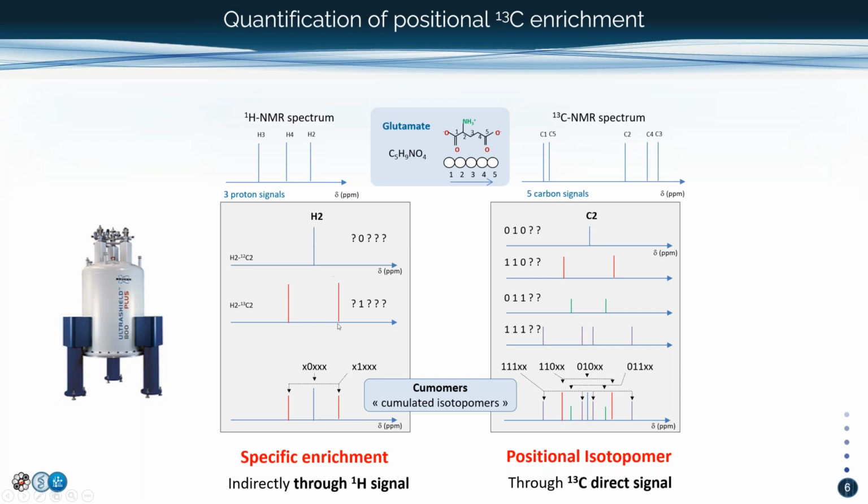And of course, if we have a mixture of both, we will have a spectrum which is the one below. I don't know if you see my pointer. I think not here. We can see your mouse. Yes. Okay, it's a pointer.